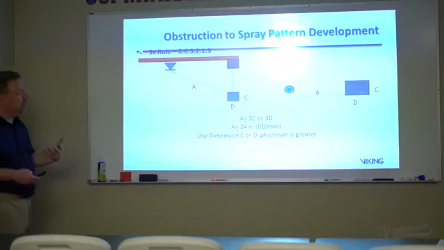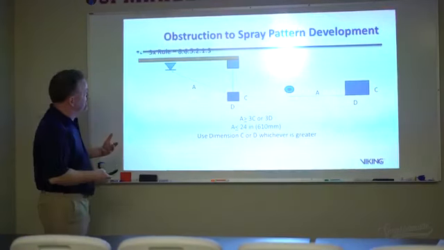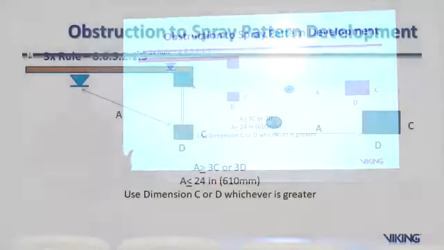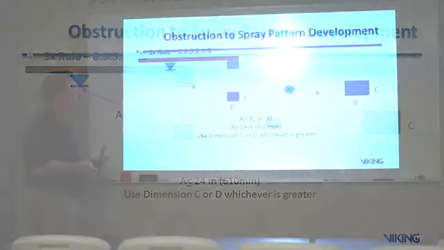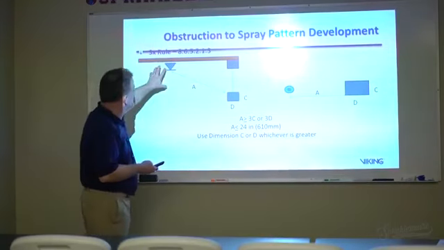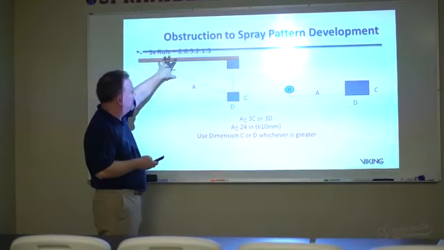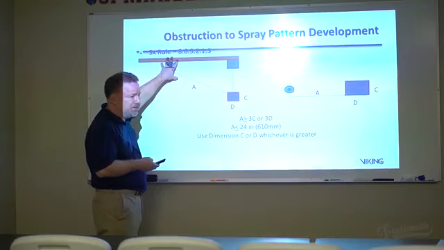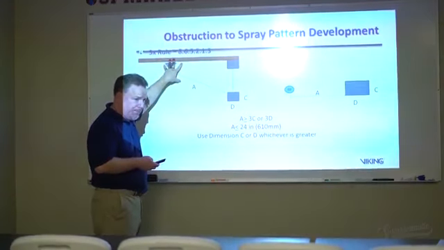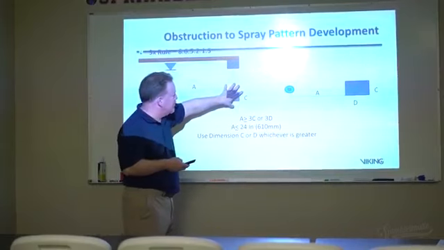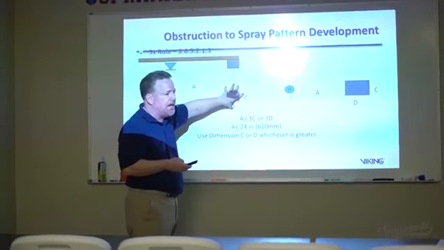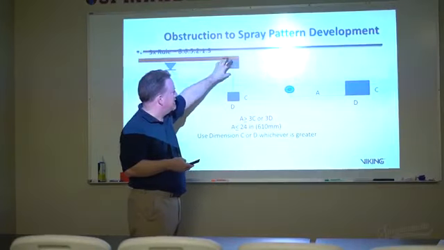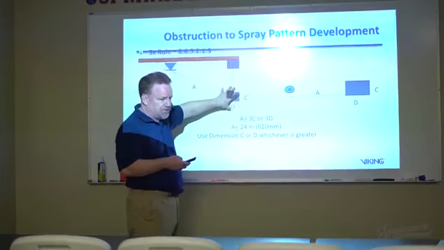The next item that we talk about as far as obstructions are concerned, when it comes to standard spray pendant and upright sprinklers, is what we call the 3 times rule. The 3 times rule basically says that in order for a component to be considered not an obstruction to the spray pattern, we take a look at this component, maybe a bar joist construction or something along those lines.